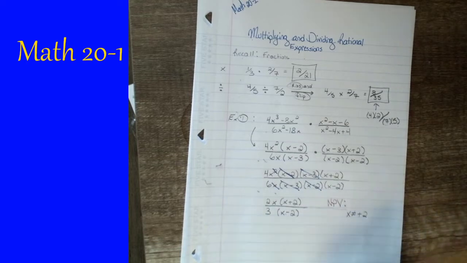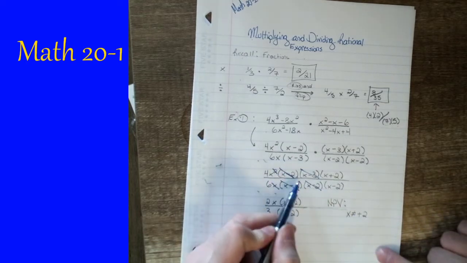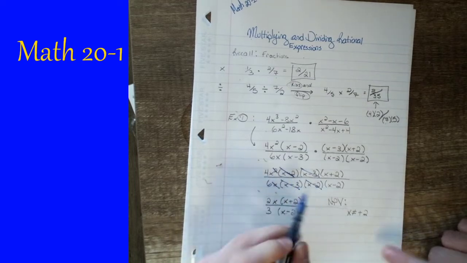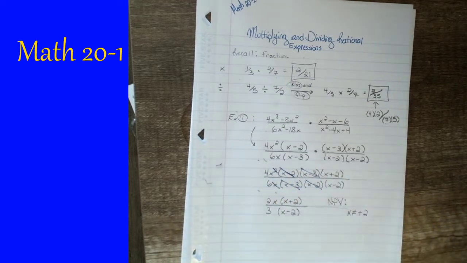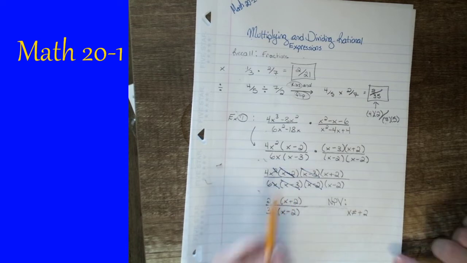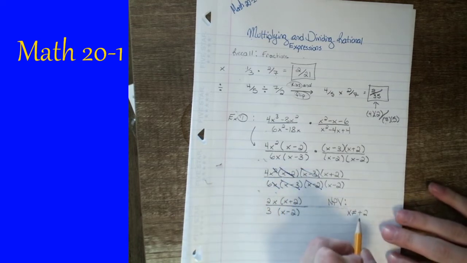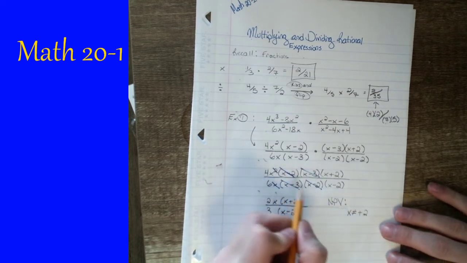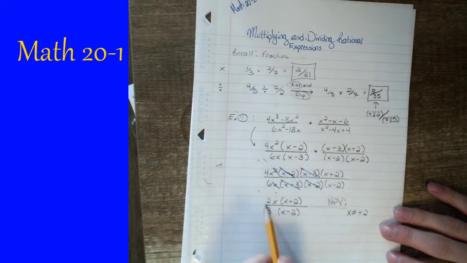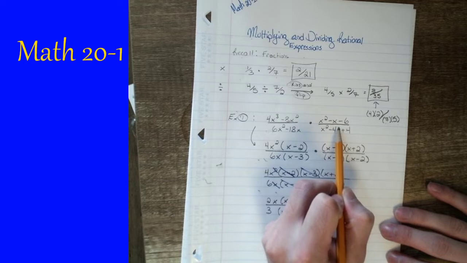And even though I said we can cancel these out and forget they exist, we can only forget they exist until we have to look at the non-permissible values, because this is a simplified version of our original statement.